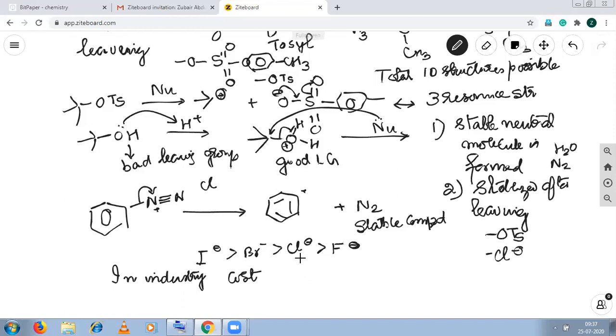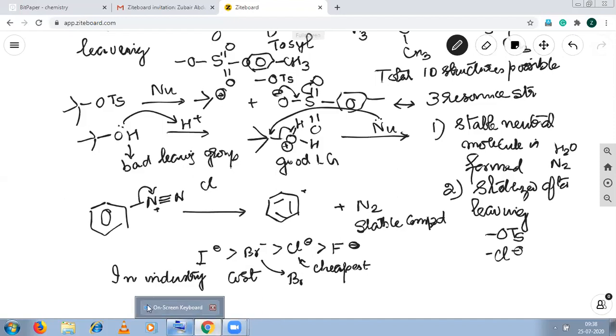The cheapest halogen compounds are chlorine compounds, but they are relatively bad leaving groups. So many a times, we use bromide because it is intermediate, less costly, but more costly than Cl. So wherever possible, we will go for Cl; otherwise, we go for bromo compounds.